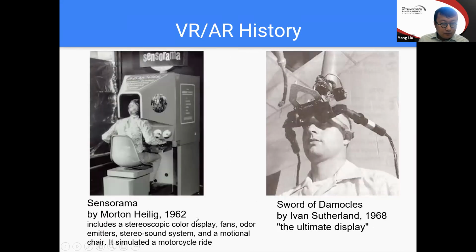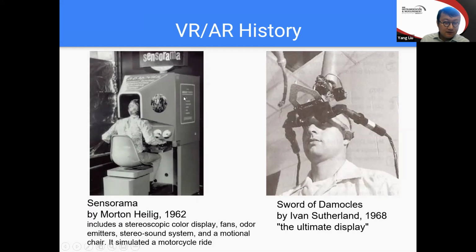And with the emergence of the computer, the ability of the operator was enhanced. On the left is the so-called Sensorama, dated 1962. They had a pair of color CRT displays, fans, odor emitters, a surround sound system, and also a motion chair.